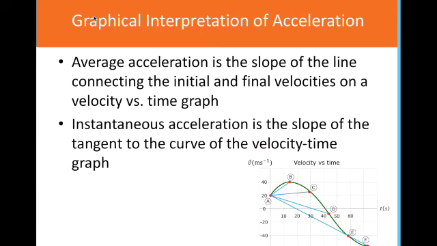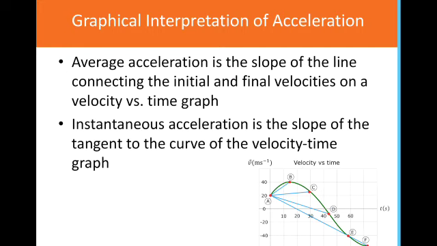So once again, the graphical interpretation of acceleration is that the average acceleration is the slope of the line connecting the initial and final velocities on the velocity versus time graph. The same thing that we had with position and time, which gave us the velocity. It's exactly the same thing, but whenever you see a graph and you need to interpret it, make sure you know what's on the axes.